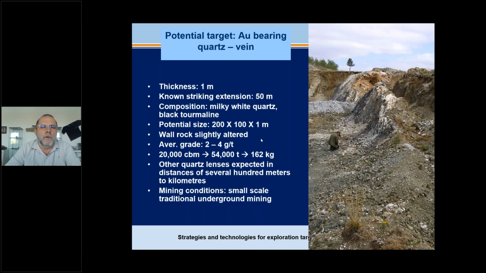The wall rocks are slightly altered, but the mineralization is limited strictly to the vein itself. The grade is around 2 to 4 grams. So we have a potential resource of 160 kilograms. Some more lenses are expected nearby, at distances of some 100 meters up to kilometers. The mining conditions would be a small underground mining.